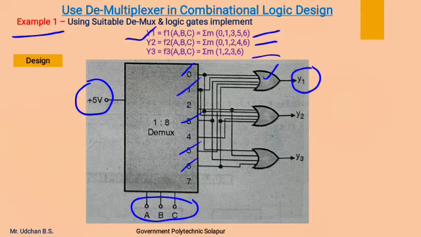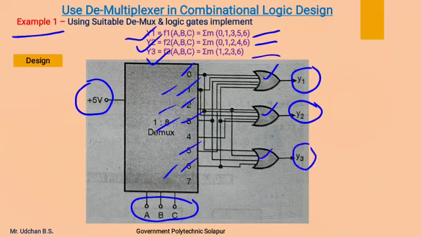After that, for the y2 equation, the decimal numbers are 0 1 2 4 6, so these lines are ORed together to get the y2 output. And for the y3 equation, the min terms are 1 2 3 6, so these output lines are ORed together to get the y3 output.